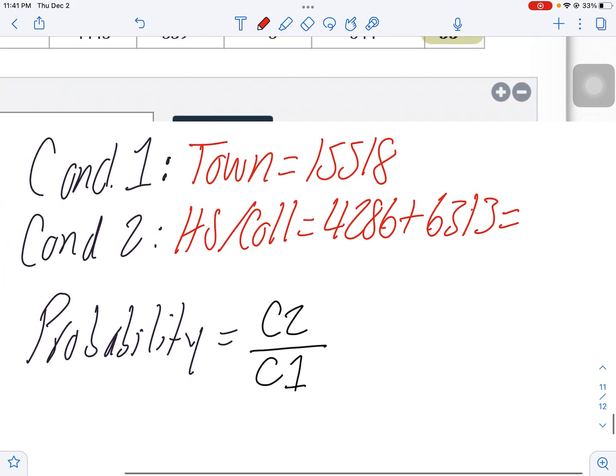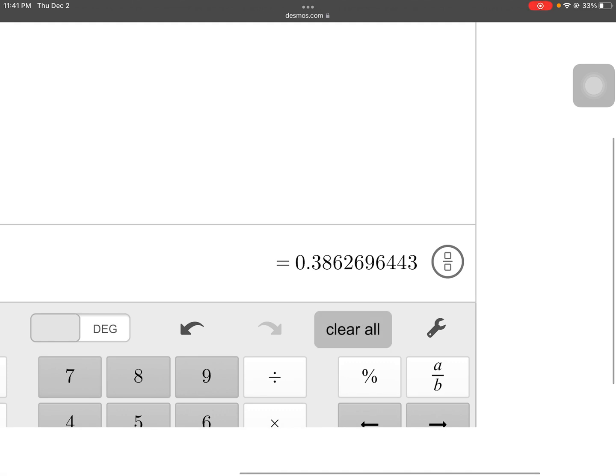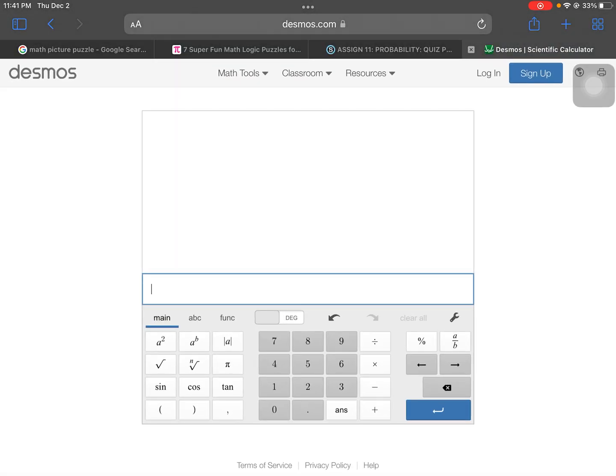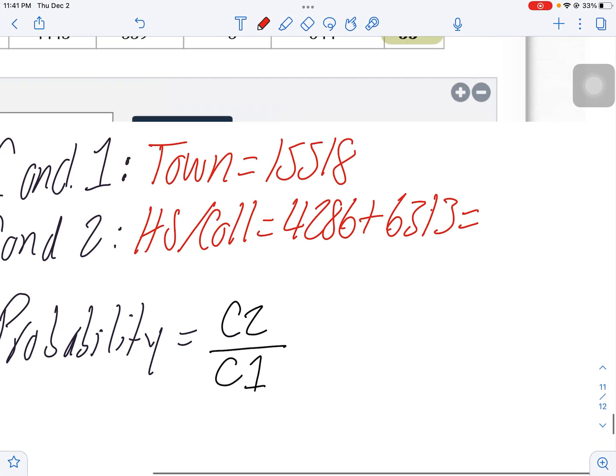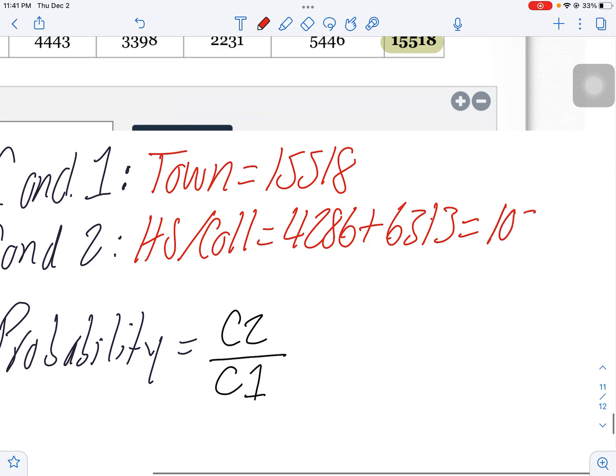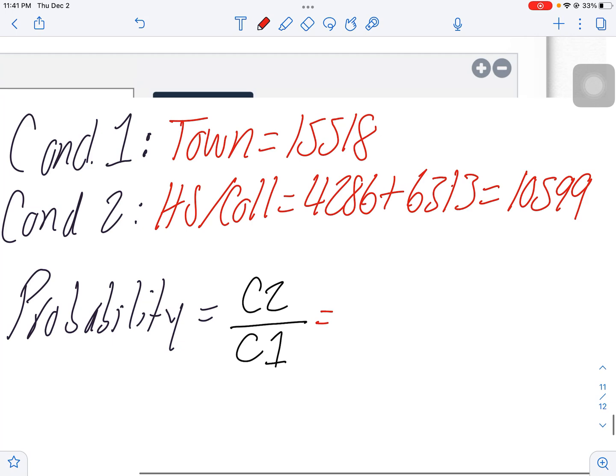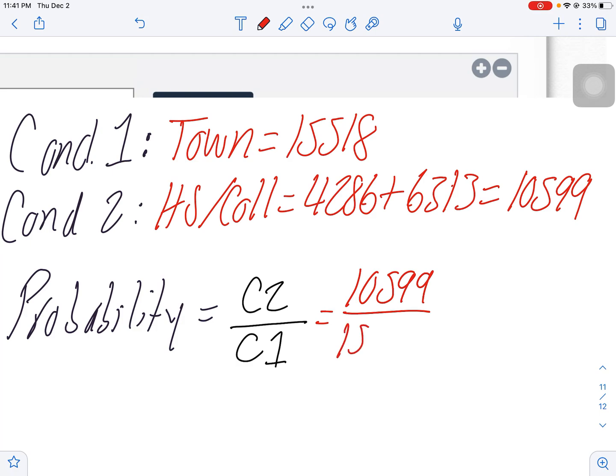So let's use the calculator. 4286 plus 6313 was 10599. So this gave us a total of 10599. Well, our probability is condition 2 over condition 1. 10599 divided by 15518.